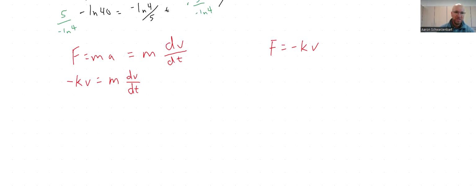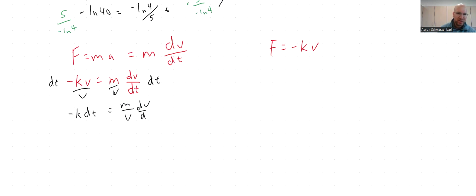So we need to separate variables. I'm going to move v's to the right and t's to the left. I'm going to multiply both sides by dt, and I'll divide by v right away. No, just dv.